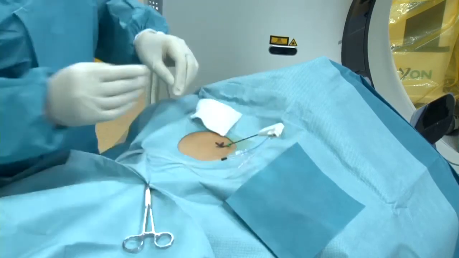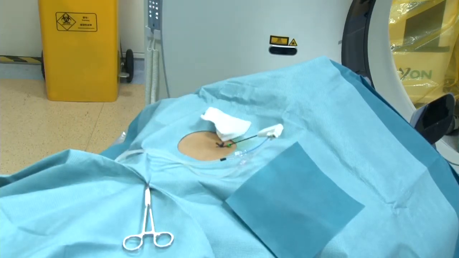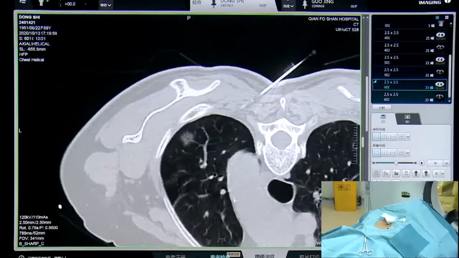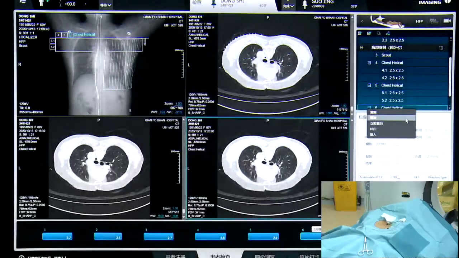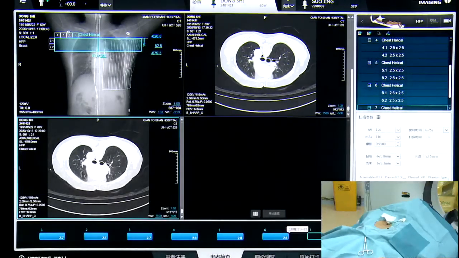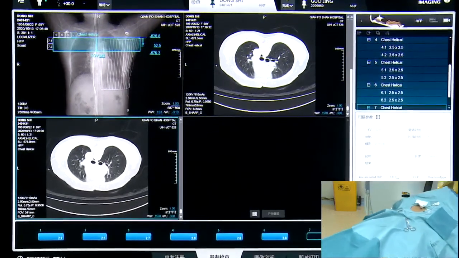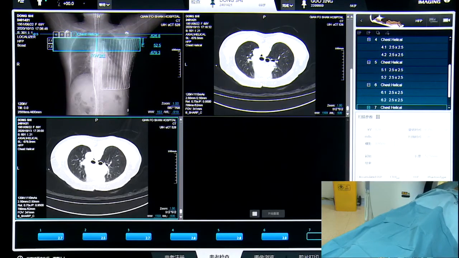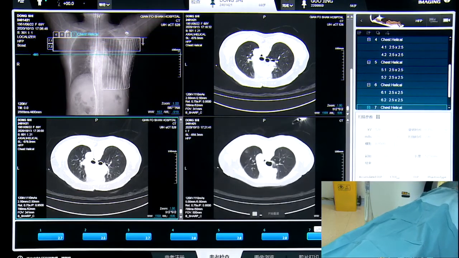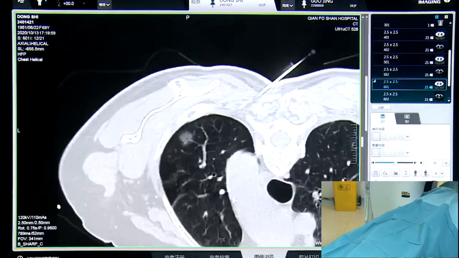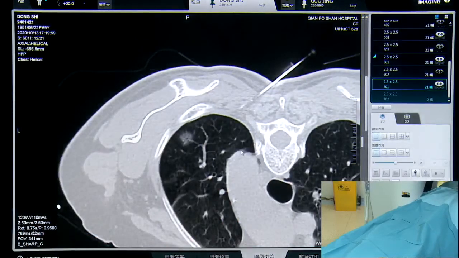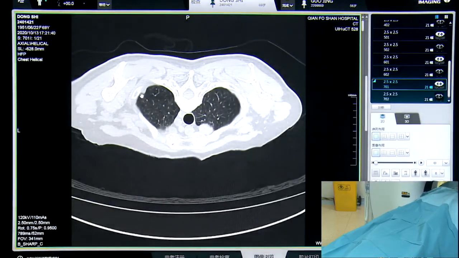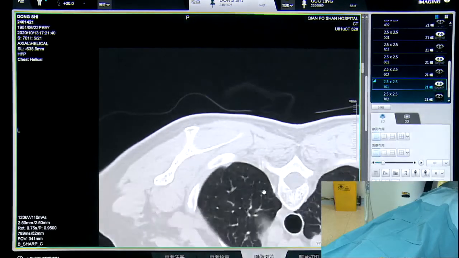Aren't you afraid of hitting the microwave or damaging the microwave probe with a biopsy needle? The reason that we insert the microwave antenna firstly is because we want the microwave antenna in the best position to cover the GGO lesion.